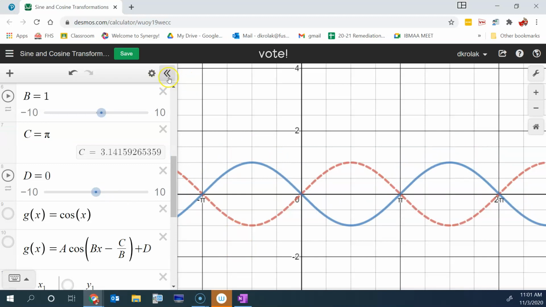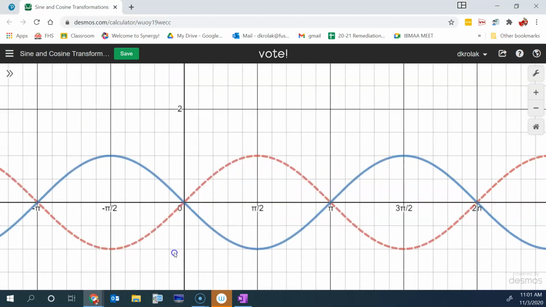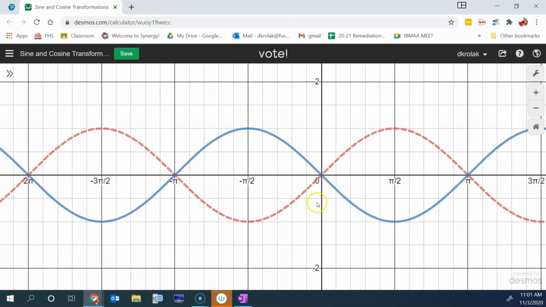Okay. All right, so the first question asked you where 0, 0 moved. So take your cursor and click on the first point that you're asked about. In my case, it's 0, 0. And if you double click on it, the coordinates will stay there. Now I know that my point moved to the left pi units.